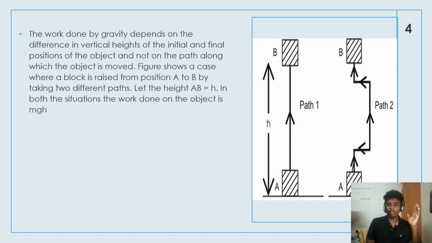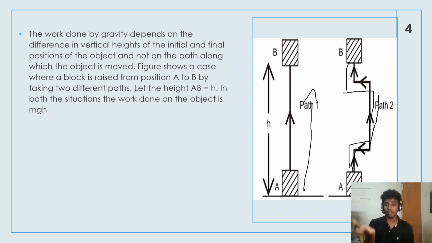In the second picture, you can see that from A, I'm taking this object like this. But in the first picture, you can see that I'm just vertically pushing it up. There is no difference in how I'm taking the object, or how we are giving the energy, or forcing the object from its initial position to its final position.